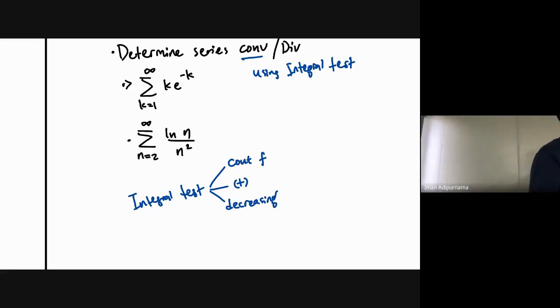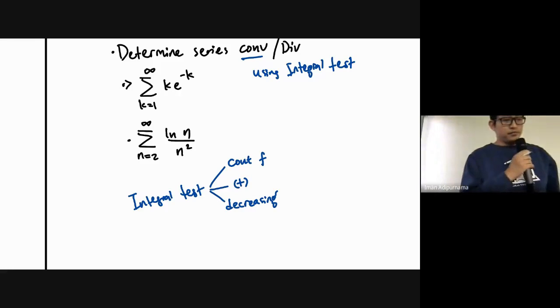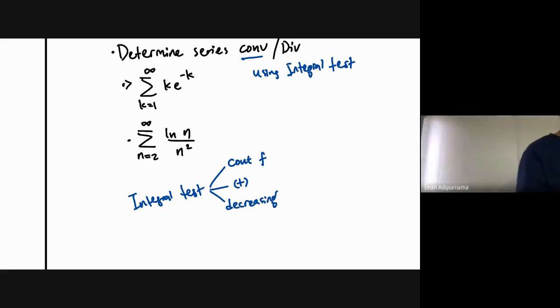Decreasing, especially at the values mentioned in the series. For example, number 1 is from 1 to infinity, number 2 is from 2 to infinity. So you need to make sure that the function is decreasing from the first term.